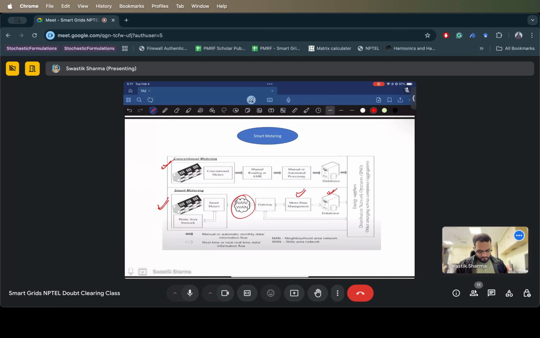So what does this do? Earlier the data used to be provided monthly, right? You had monthly data being sent to the DNO, but now the DNO can access this data in real time. In real time, it can know what is happening in the distribution system using smart meters.